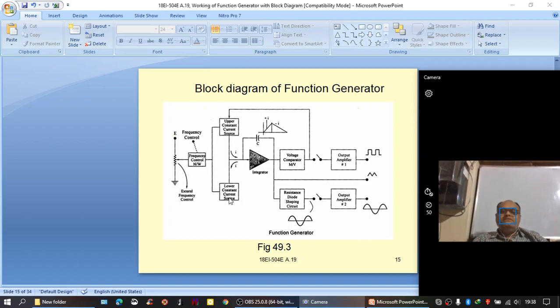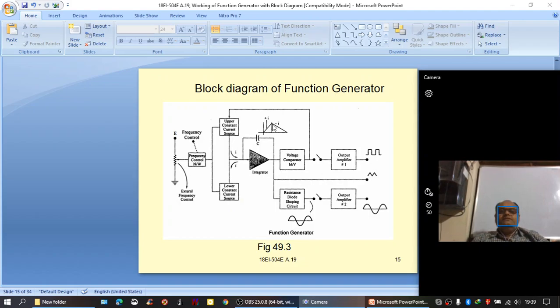Now what happens? The capacitor, which has charged to its maximum value, now starts discharging in the opposite direction. That means current starts flowing from right to left, that is in the opposite direction. Current will flow into the lower constant current source, so it acts as a sink. The upper constant current source acts as a source. This acts as a sink.